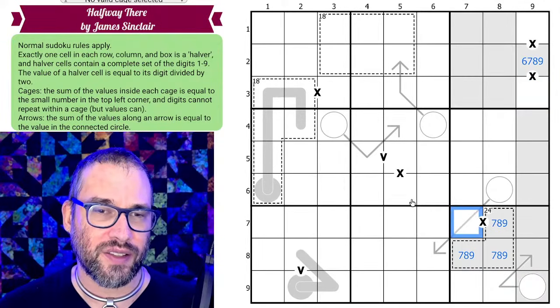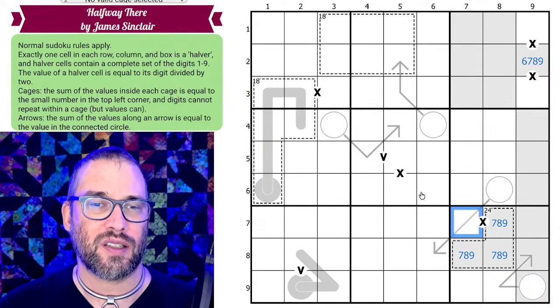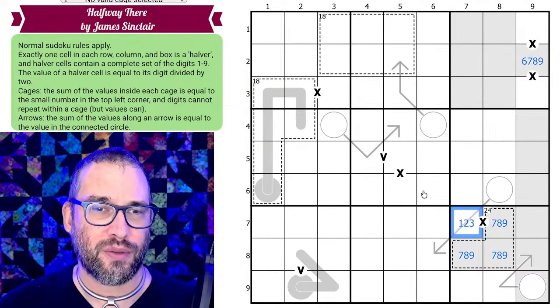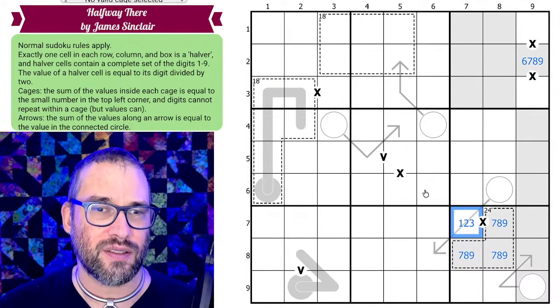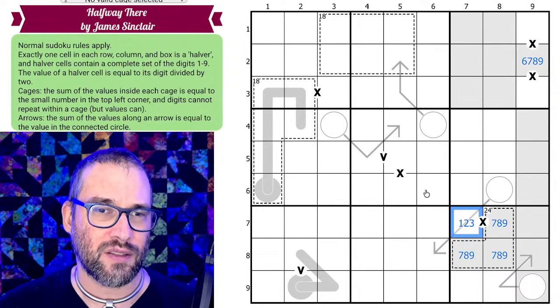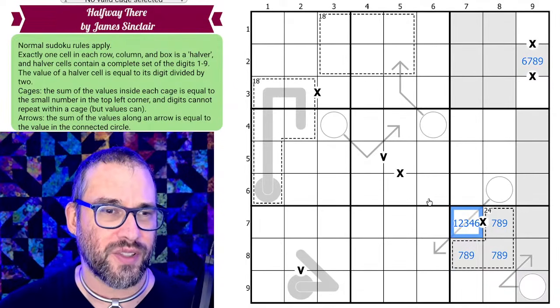Let's see. This is either 1, 2, 3 or a halved. 2, 4, 6. So it could also be 4 or 6.